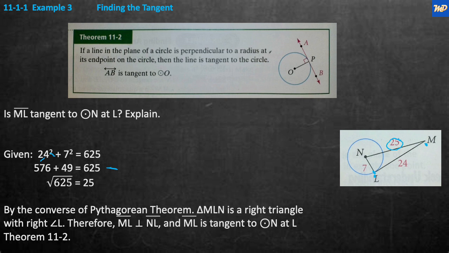So ML is perpendicular at point L to NL. It says here, by the converse of the Pythagorean theorem, triangle MLN is a right triangle with right angle L. Therefore, line ML is perpendicular to NL, and ML is tangent to circle N at L. That's all due to Theorem 11.2.